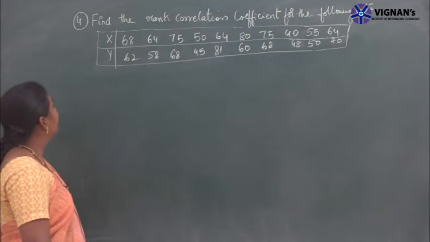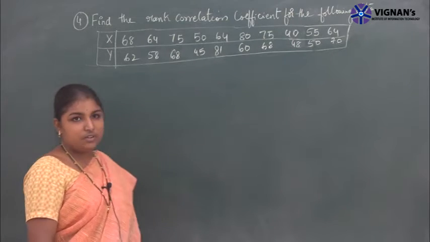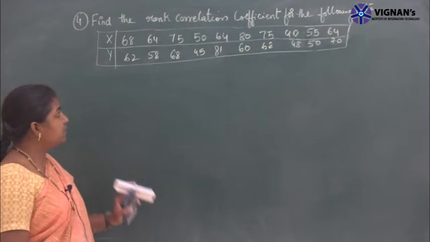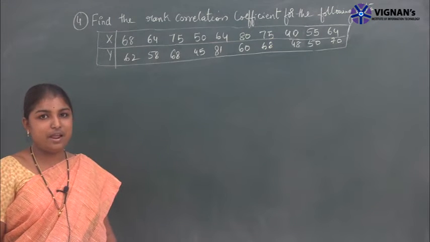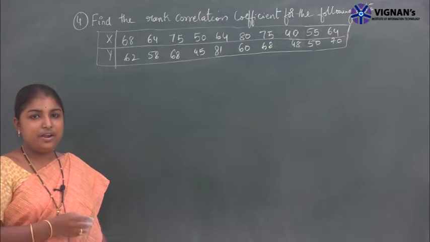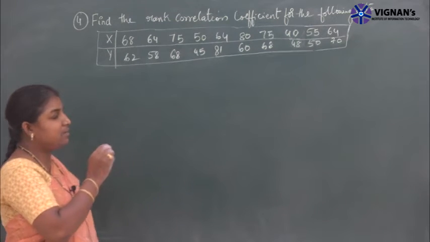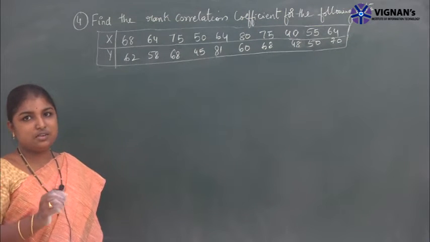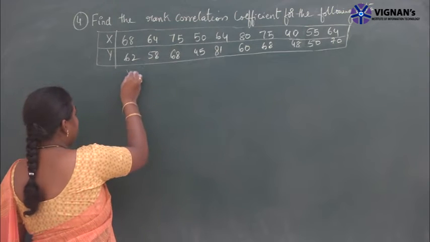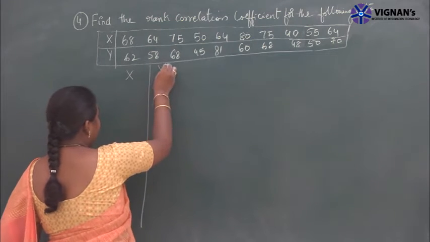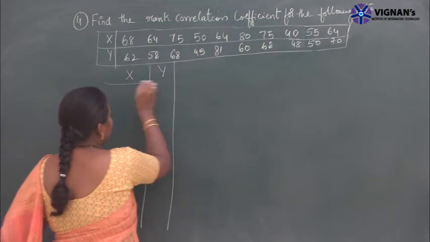Next problem. Find the rank correlation quotient for the following data. They are given x and y values, and we want to find the rank correlation quotient. For finding this, first we have to give the ranks of x and y values. For this we are constructing the table. X values and y values we are taking.